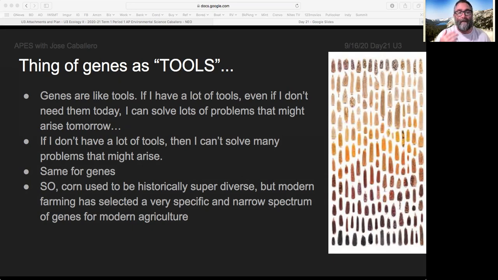And the classic example that is often used to describe this issue is corn. Maybe you can see on the side of my shared screen here, corn used to be tremendously diverse. Corn was a wild grass grown all over South and Mesoamerica, I believe.